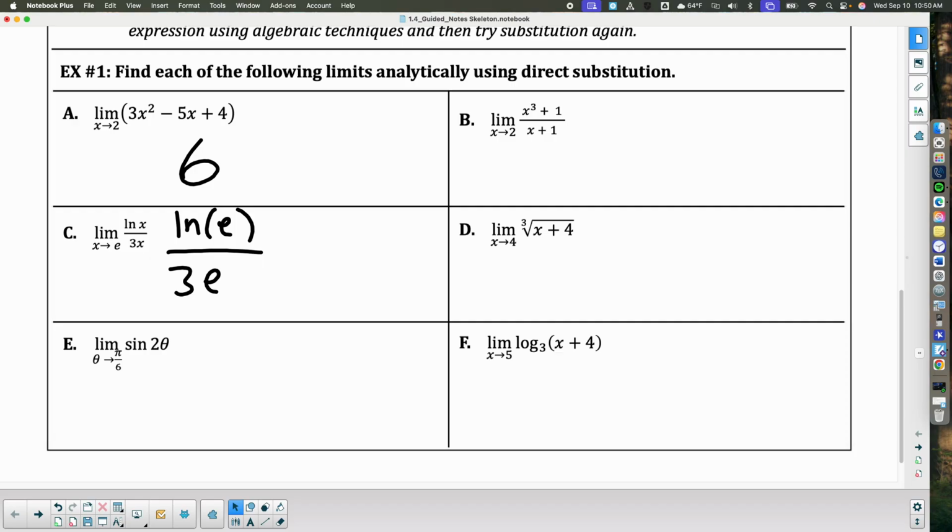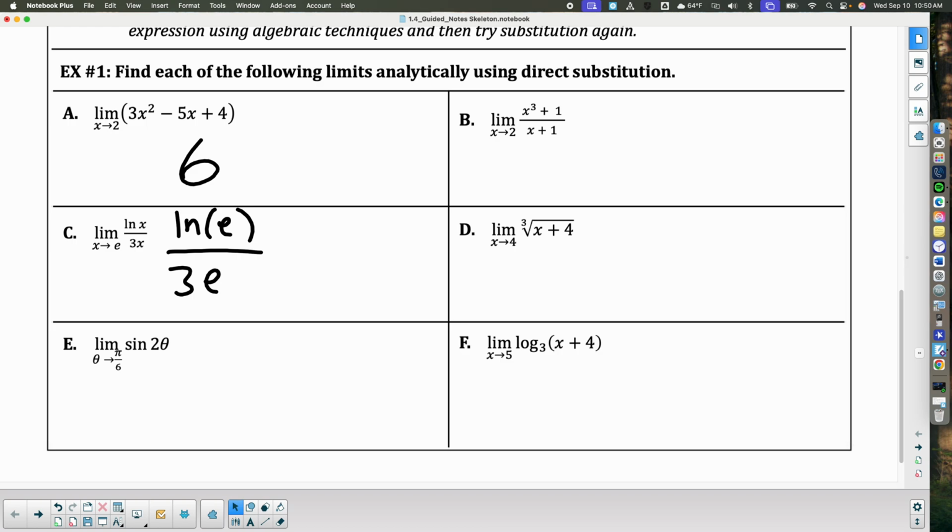Okay, ln is log base e. So they don't write log base e for some reason. They will write it as ln for the natural log because it uses a number from nature, e. E and pi are the most common numbers from nature. Whatever, they named it, that's fine.